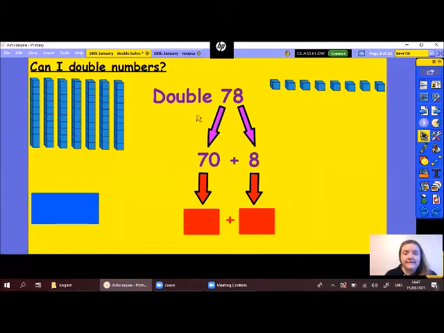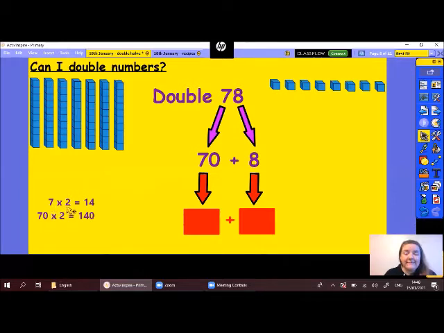So the first thing we needed to do was take our 70 and double it. But luckily, we learnt something the other day that can help us with that. Because double 70 is basically 2 times 70. And we looked at multiplying multiples of 10 the other day. Have a look at this. We need to do 70 times 2, or 2 times 70.